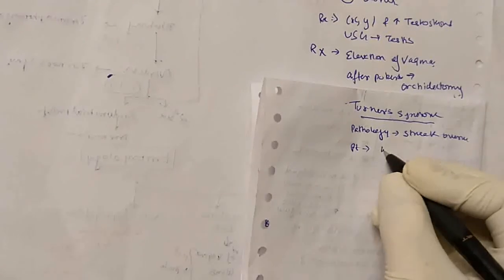The patient will have other features like webbed neck, broad spaced nipples, shield like chest, and in the heart the pathology is coarctation.